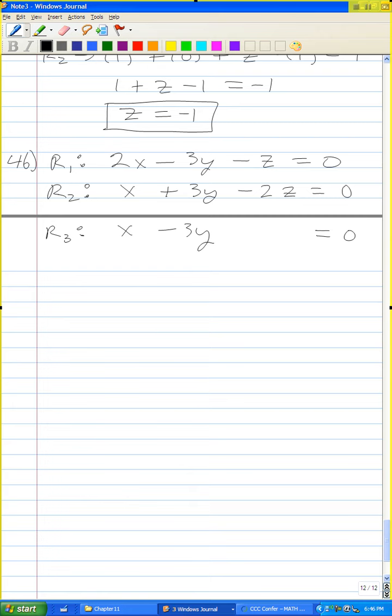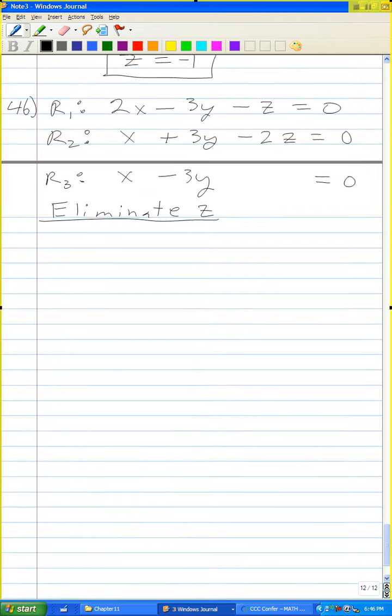So maybe eliminate z, because there's no z in R3. So let's eliminate z. Okay, so let's take negative 2 R1. That's negative 4x plus 6y plus 2z is 0. Let's add to it R2, x plus 3y minus 2z is 0.